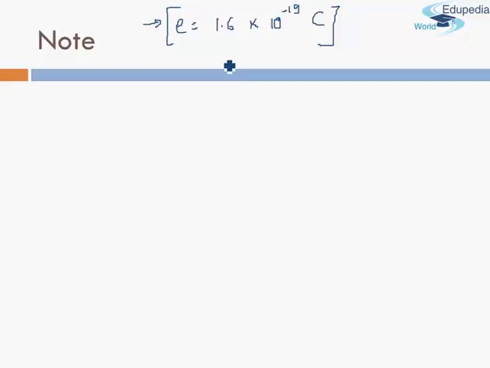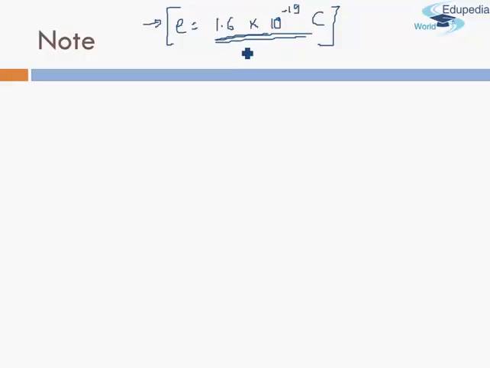So what he found was that charge on every droplet was always an integral multiple of this charge, 1.6 multiplied with 10 to the power minus 19 coulomb. And this is how he deduced that this value must be the fundamental unit of charge, that is, the value of charge on one single electron.